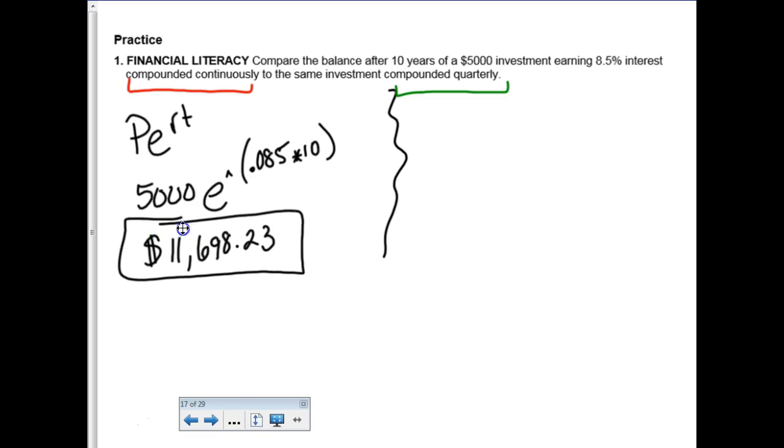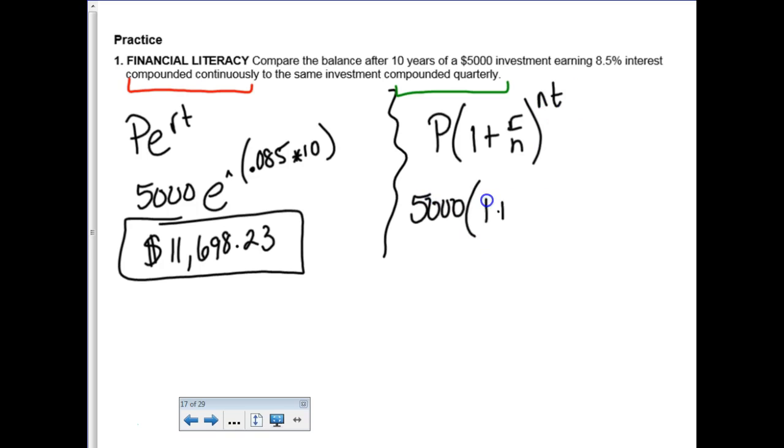So that was collecting money continuously, which means literally like every moment of every day you're collecting money. Now we're going to compare it to quarterly. So for the quarterly formula, that would be the P times 1 plus R over N to the NT power. So that's 5,000 is the principal. 1 plus our rate of 0.085 divided by N, which is quarterly.